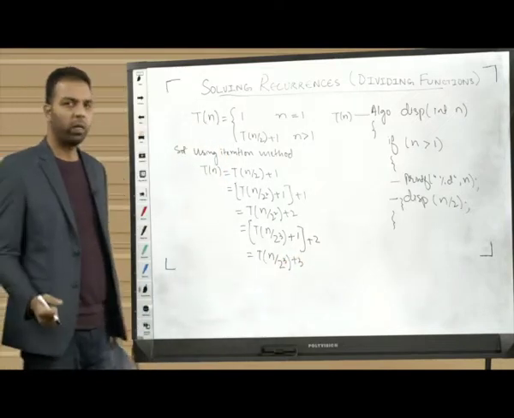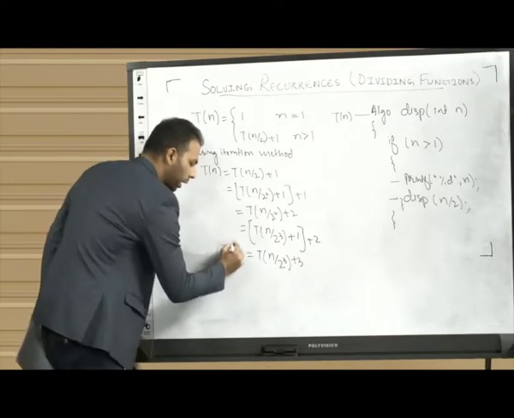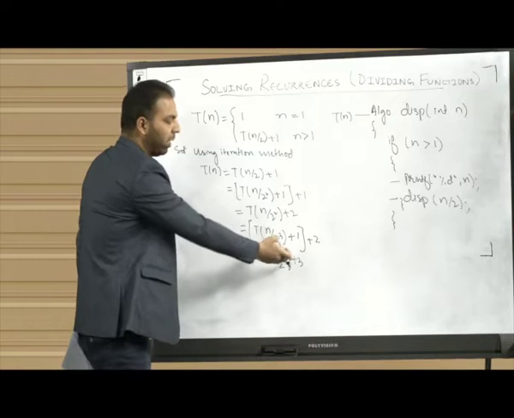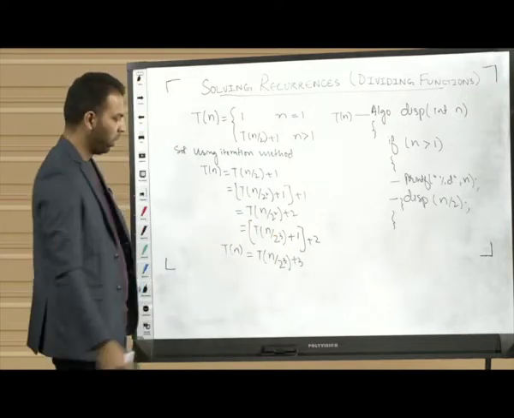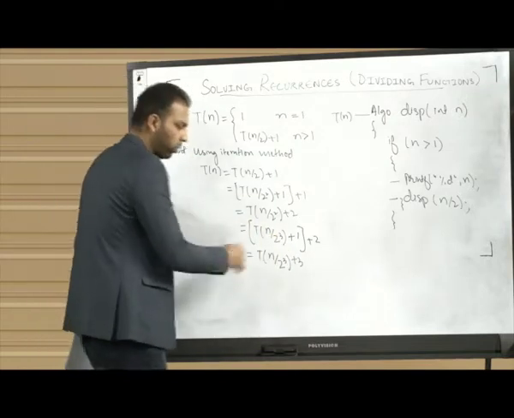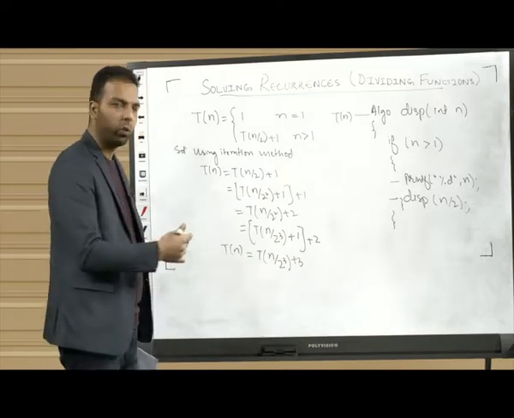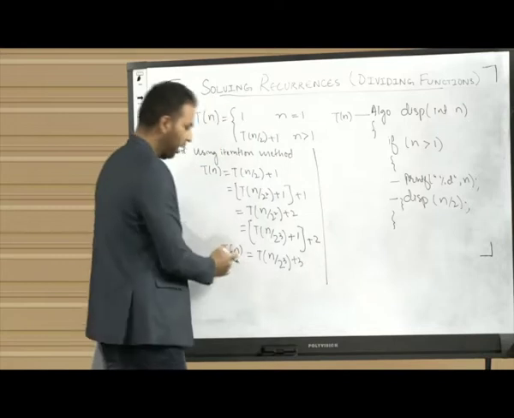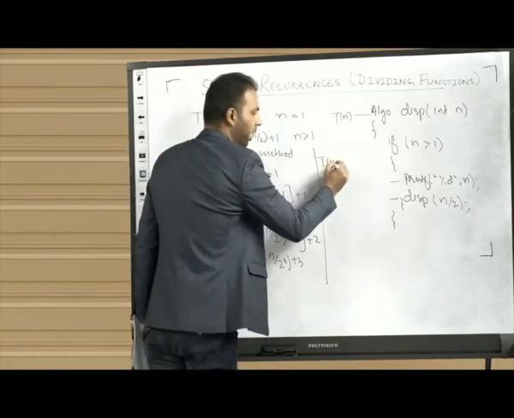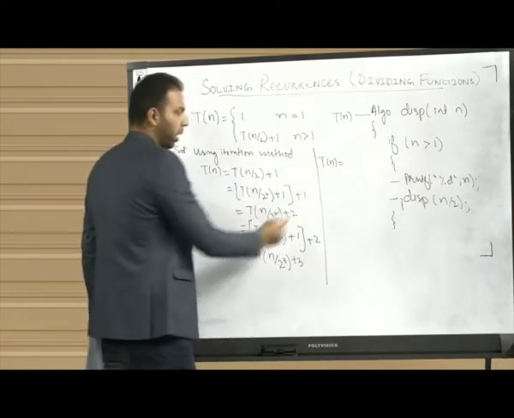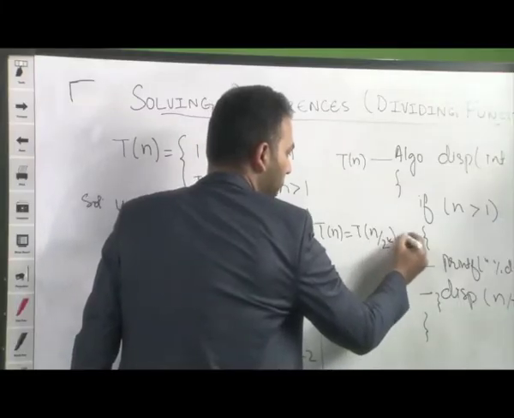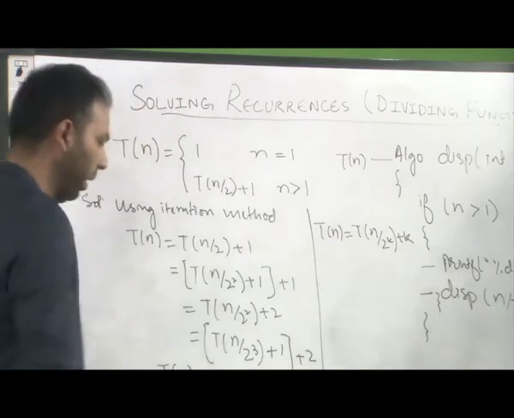So we have a pattern here. The pattern is that we have T(n/2 raised to something) plus that same value. If we keep on substituting, it will go on, and finally we will get T(n) equal to T(n/2 raised to the power k) plus k.